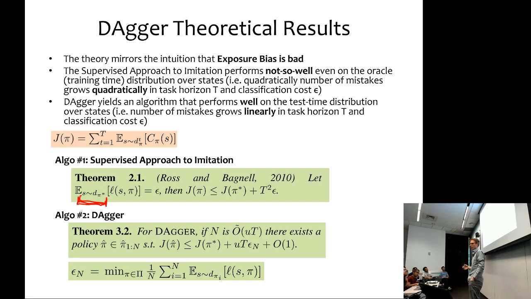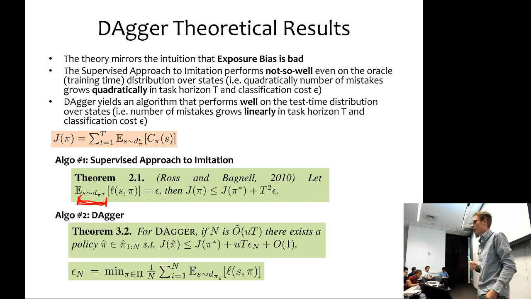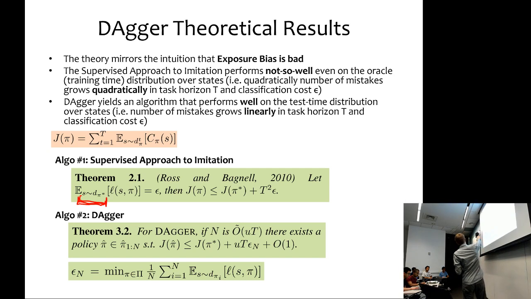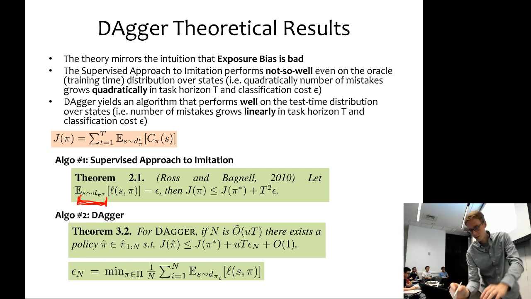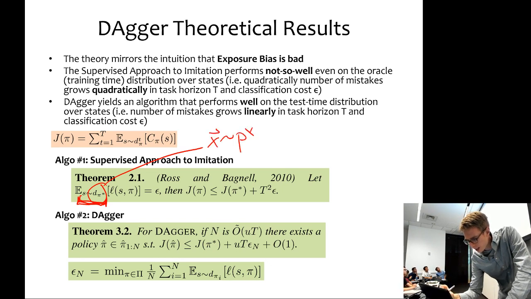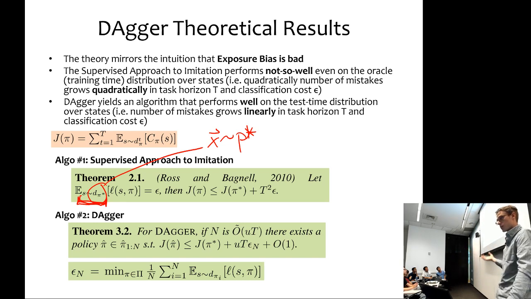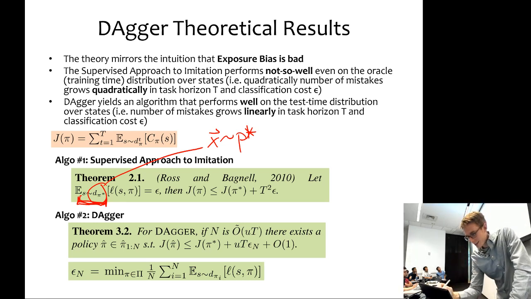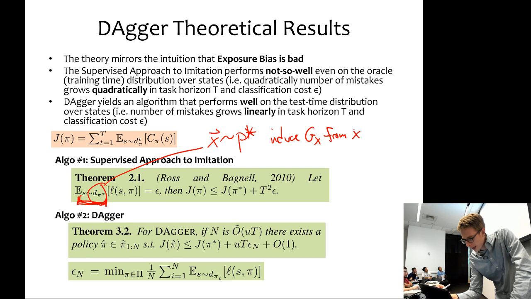There's something tricky going on in this theorem, which is that their notion of a distribution over states is also tied to a distribution over instances x. So we have to assume that the x's are sampled from some p star, and then we induce g x from x.